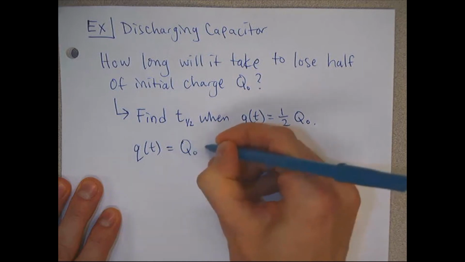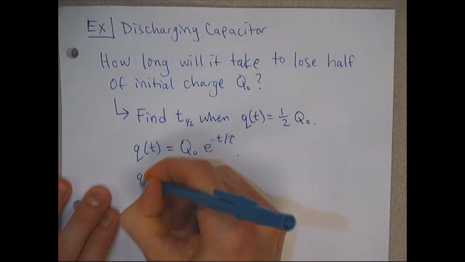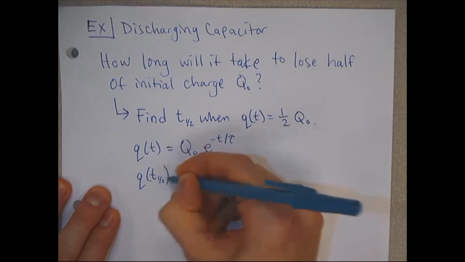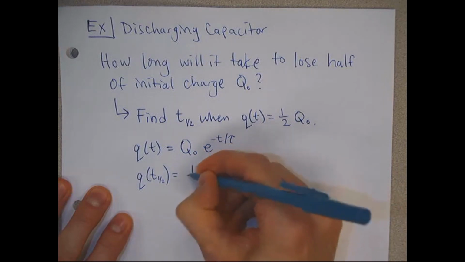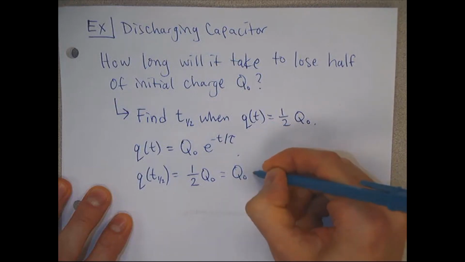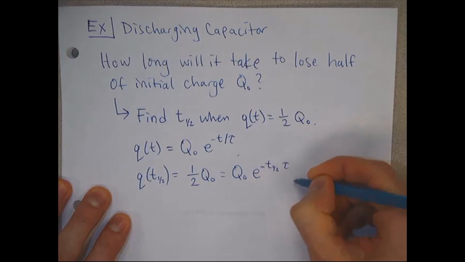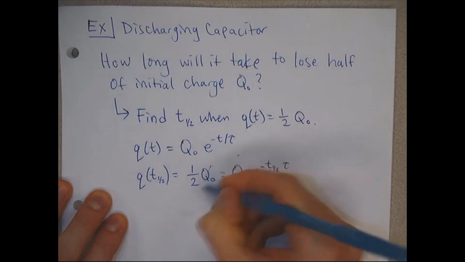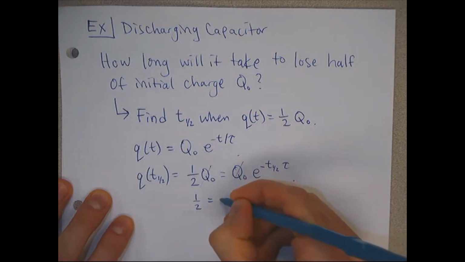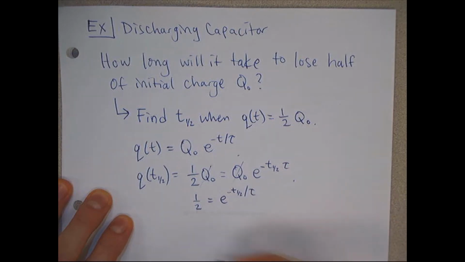Q of t is Q0 e to minus t on tau. And we say that Q at time t 1/2 is 1/2 of the initial Q. Q0s cancel, we have 1/2 is e to minus t 1/2 on tau.